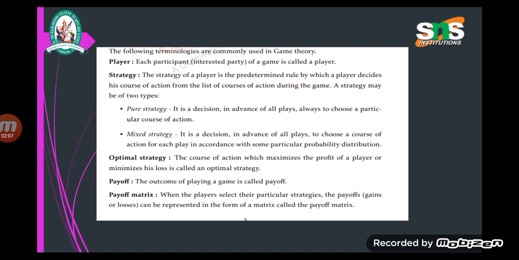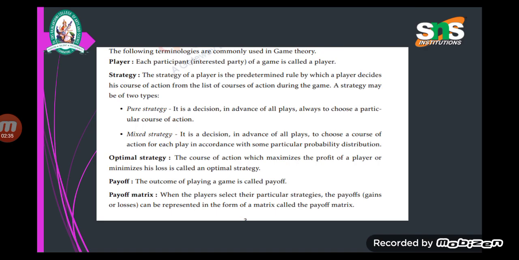A strategy may be of two types: pure strategy and mixed strategy. Pure strategy is a decision in advance of all plays always to choose a particular course of action. In mixed strategy, it is a decision in advance of all plays to choose a course of action for each play in accordance with some particular probability distribution.